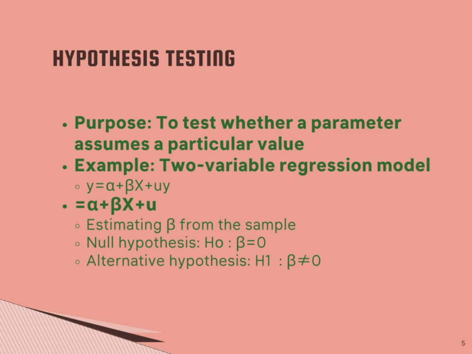But if the p-value is greater than alpha, we fail to reject the null hypothesis, which means there is insufficient evidence to support the alternative hypothesis. And lastly, we'll draw a conclusion by stating the findings in the context of the original research questions.